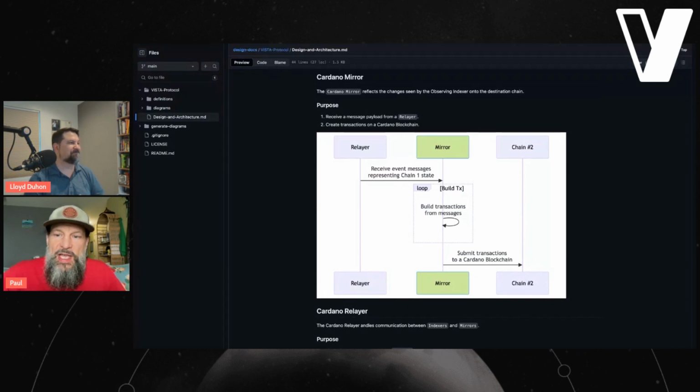That's right. You would get savings in the fact that the translation from the indexer to the mirrored transaction would be quite similar. And you also get savings because you could take the whole thing and spin it around, and chain number two pointing to chain number one would be very much the same mechanism.